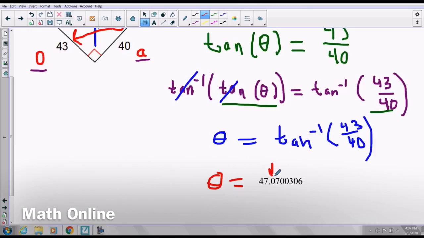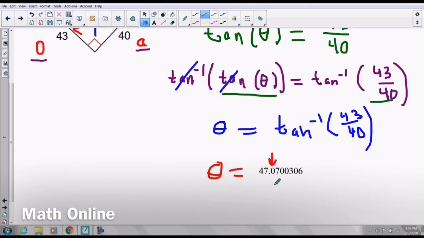So I'm going to look at the tenths place, and I'm going to ask myself, is this number 5 or bigger? No, it's not. Therefore, the 47 will remain the same. If it was, then the 47 would increase 1 unit, right? But since it's not the case, I'm going to leave theta is equal to 47 degrees.